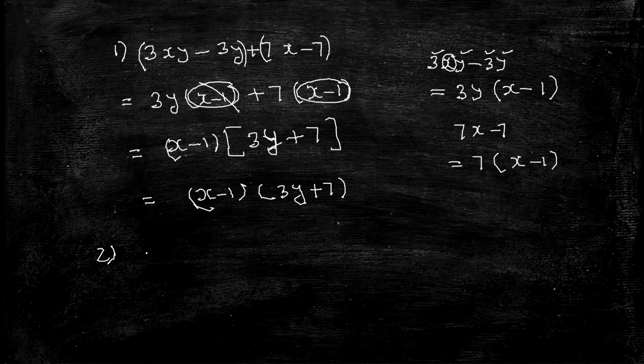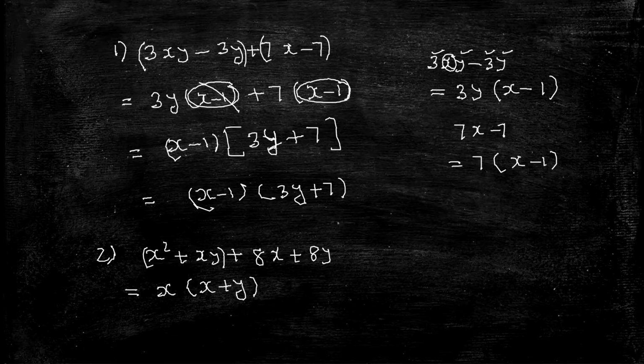Say x square plus xy plus 8x plus 8y. Now again, if I combine these two terms, what do I have common? I have an x which is common. So inside I am left with x plus y. Now when I combine these two, I have an 8 common, and then again I am left with x plus y.